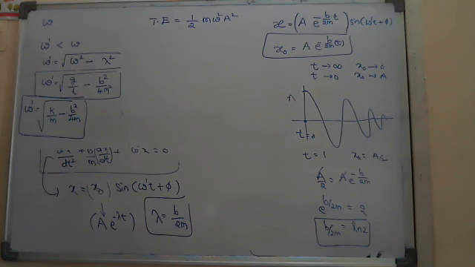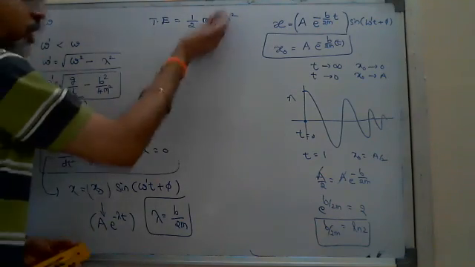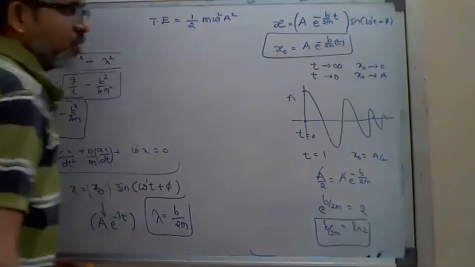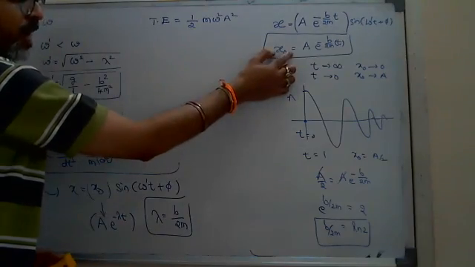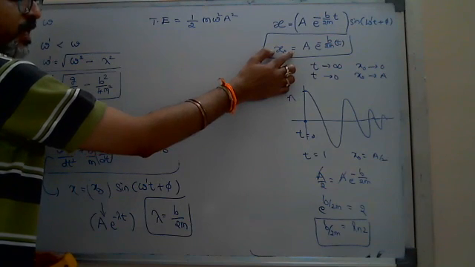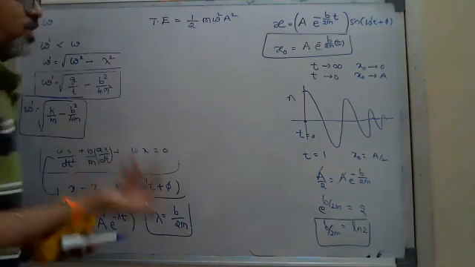Total energy of one undamped oscillation, where A is the amplitude. In case of damped oscillations, it is the amplitude of the damped oscillations. So if I ask for the total energy, substitute that, that's it.